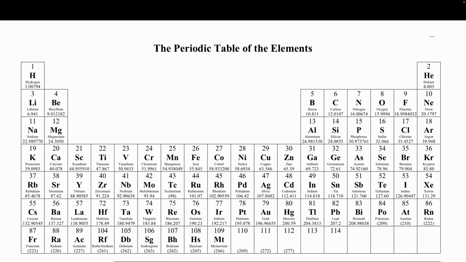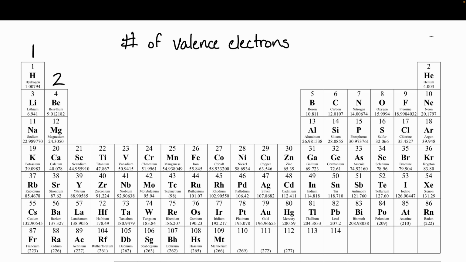So again, we're talking here about number of valence electrons. All right, so it's actually pretty straightforward. Everybody in the first column has just one valence electron. Everybody in the second column has two valence electrons.